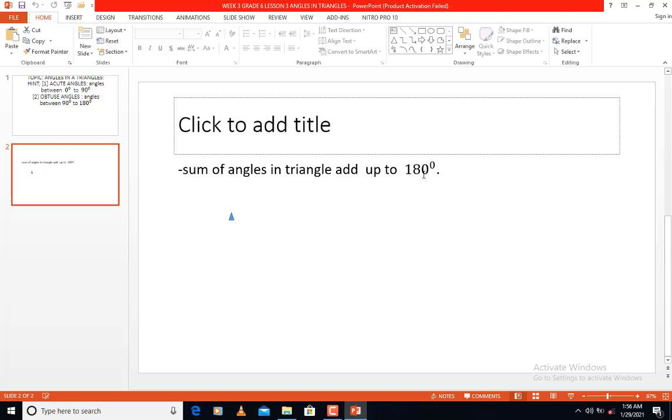up to 180. Now let's say after adding your angles, you get less than 180. It means you made a mistake somewhere. Go and re-measure. Let's say you measure again and obtain more than 180, like 185. It means you have made a mistake again.